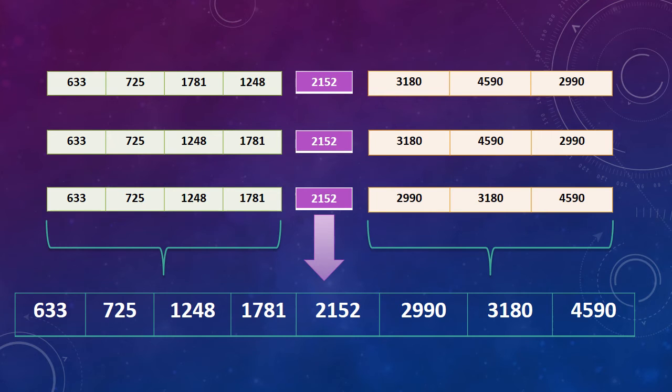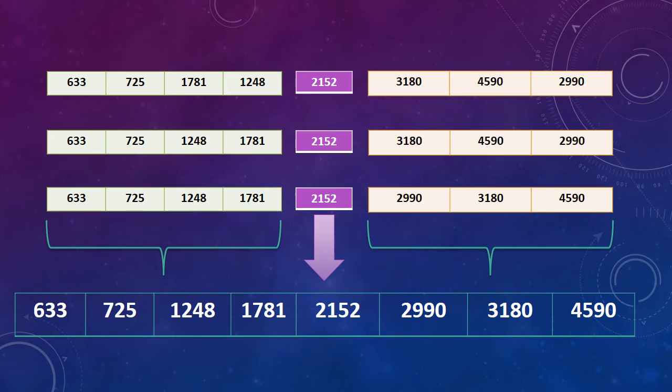Later we have to proceed and sort the left array, that is 633, 725, 1781 and 1248, which are sorted to produce 633, 725, and as 1248 is less than 1781, it comes on the left side. The right side part is 2990, 3180 and 4590.